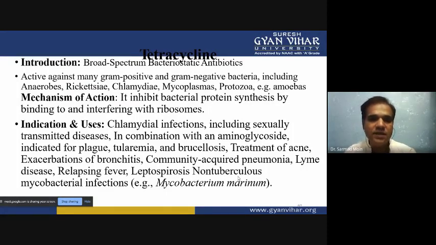There are many types of sexually transmitted diseases, and the most important are chlamydial infection and gonorrheal infection, which we can reduce with the use of tetracycline. Many other very important diseases like tularemia, plague, and brucellosis are all treated with the tetracycline antibiotic.